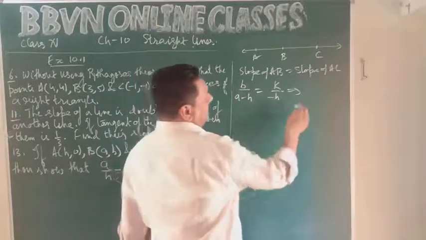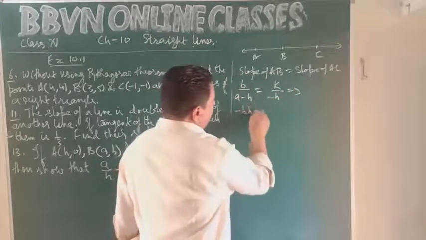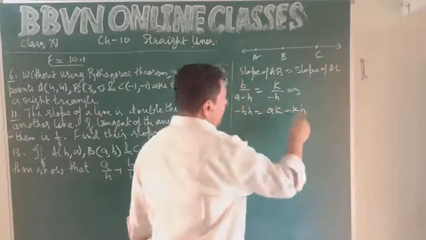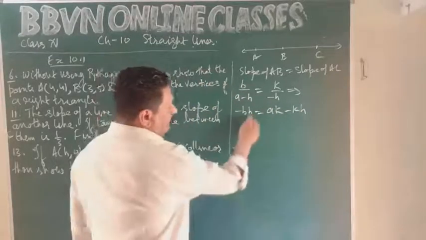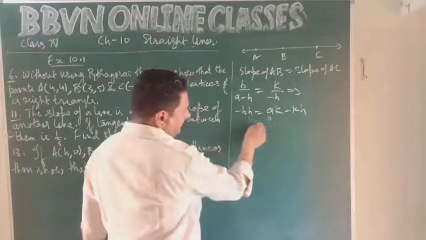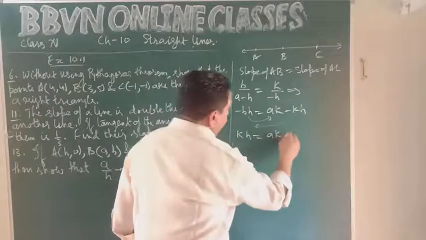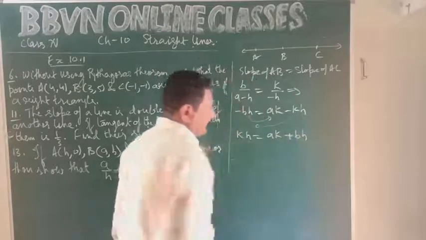Cross multiply. Minus BH equal to AK minus KH. I will take this term to the right side and bring this to the left side. KH equal to AK plus BH.